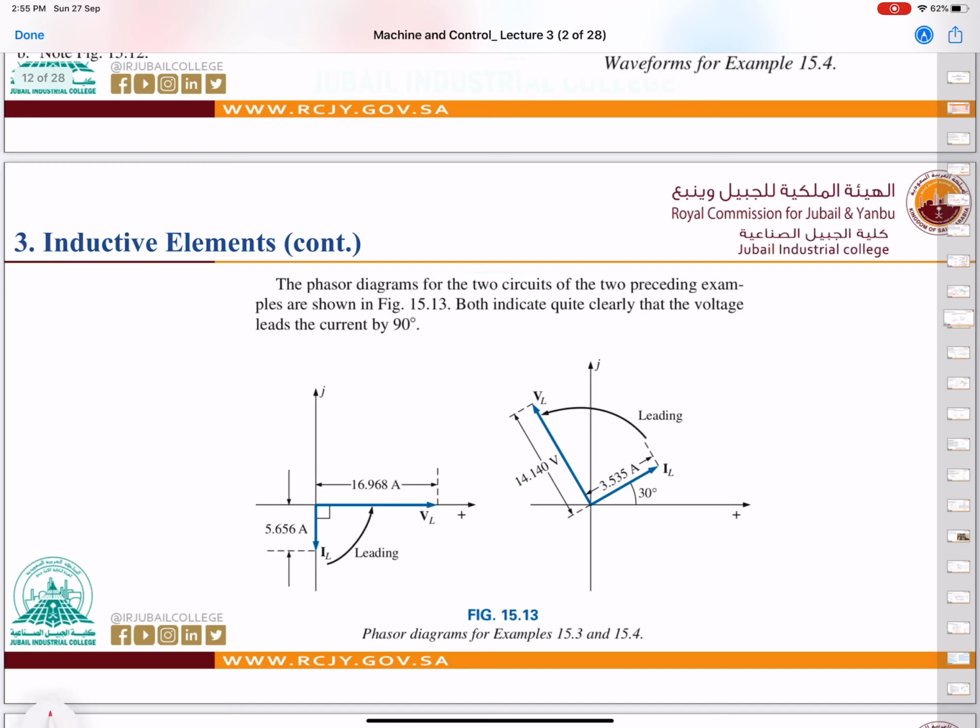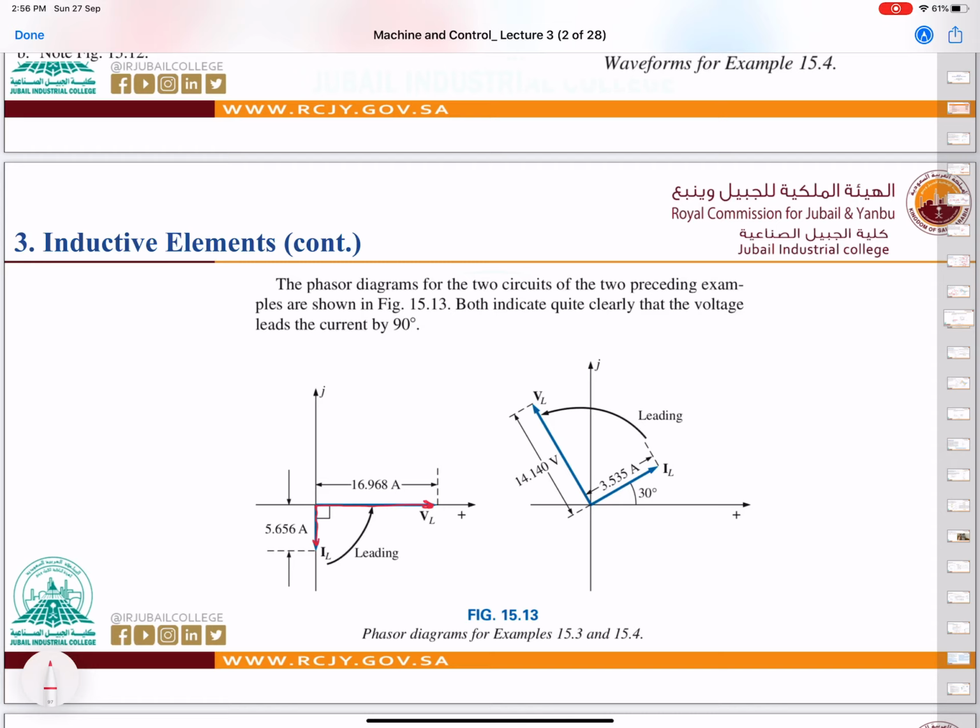Now, in comparison between the two examples for the inductive, we found that for example number 1, the voltage is with 0 angle, and the current has an angle of minus 90 degree, because we don't have a shift here, and with the magnitude 5.656.